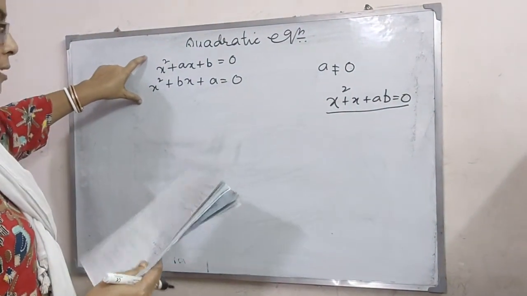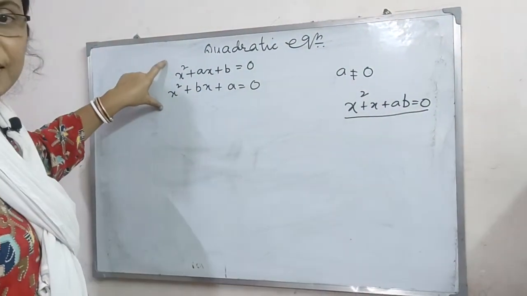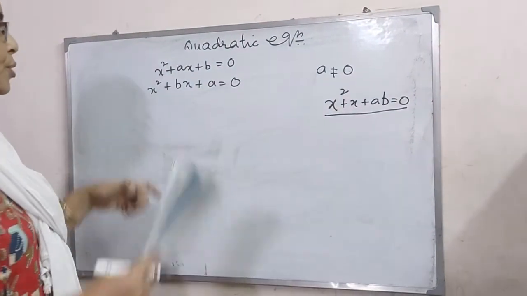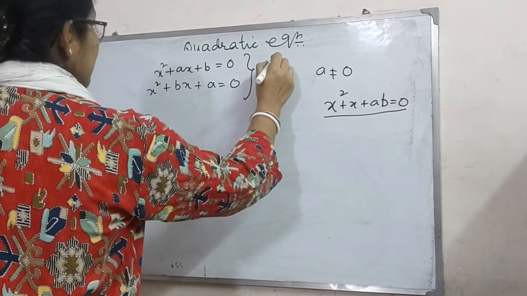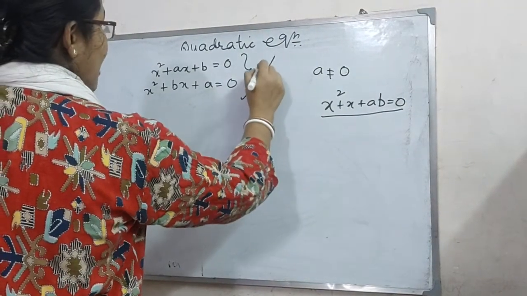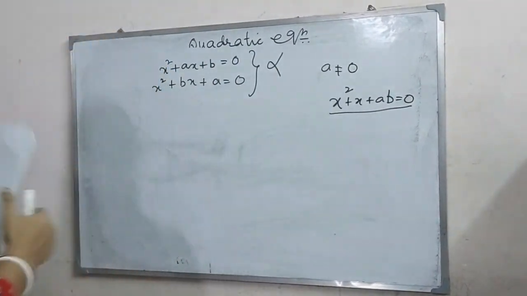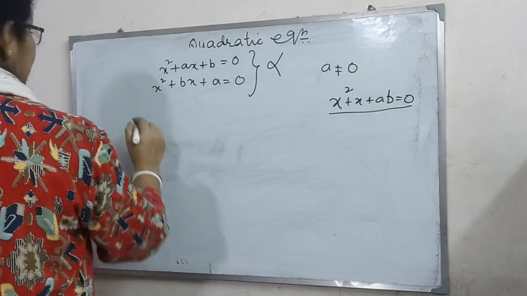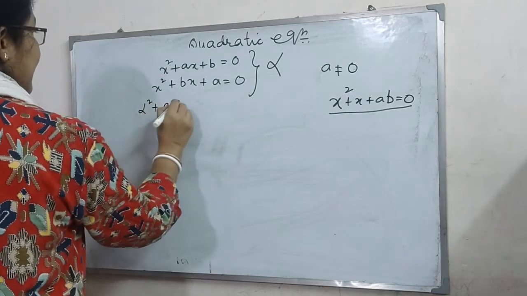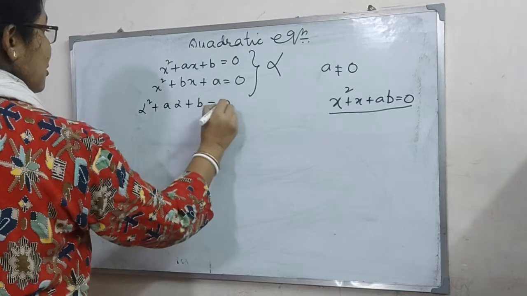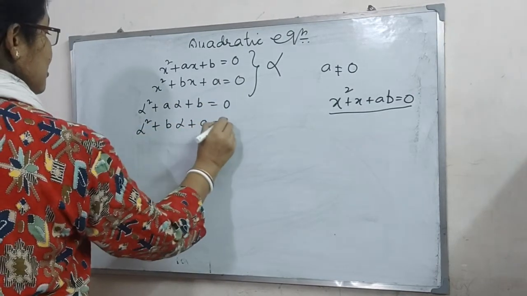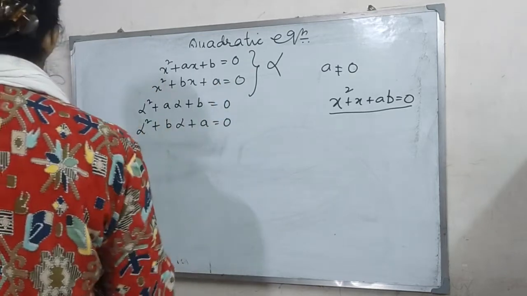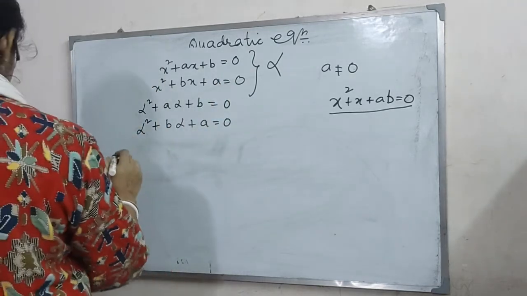As per the question, these two equations have a common root. Let this root be alpha. So alpha square plus a alpha plus b equal to 0, and alpha square plus b alpha plus a equal to 0. That means alpha satisfies these two equations.